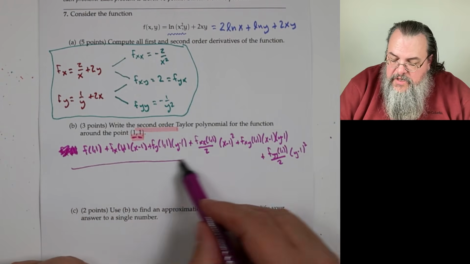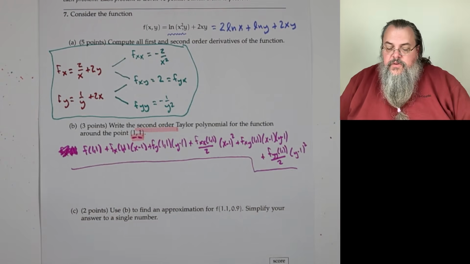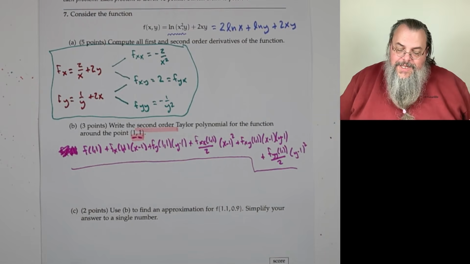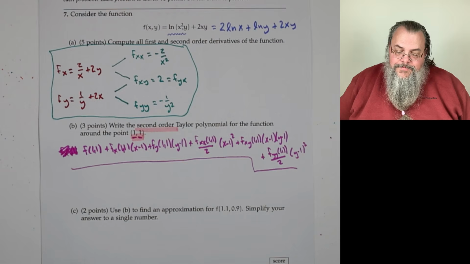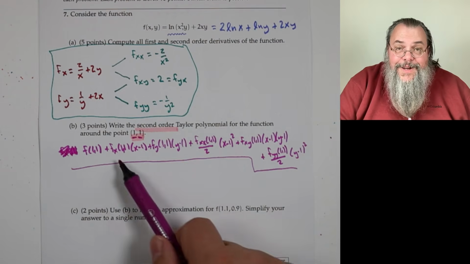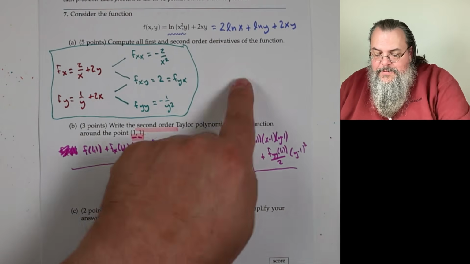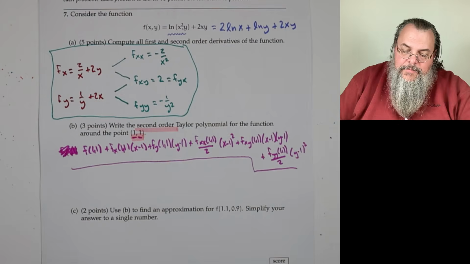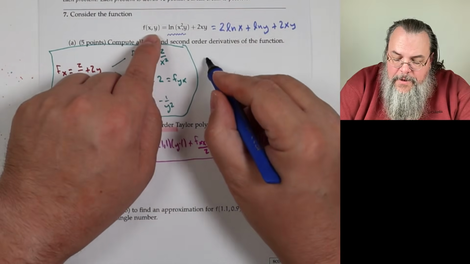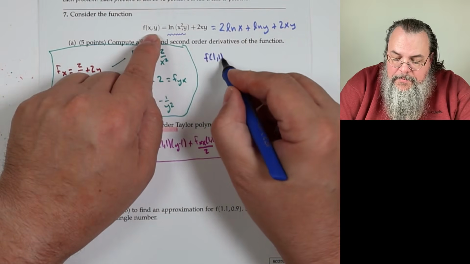Now that's the generic formula. So what do we need? We need to actually find these numbers. So let's fill in the data. Let's start with f of (1, 1).